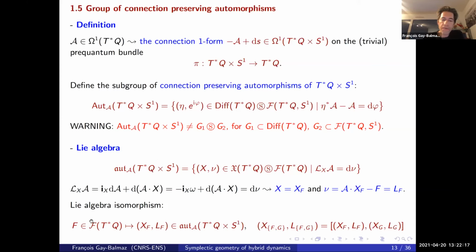This isomorphism is simply given by taking the Hamiltonian vector field on the first slot and the Lagrangian on the second slot. It's really nice because we can understand the Lie algebra of this quantumorphism group as simply the functions on phase space with the Poisson bracket.